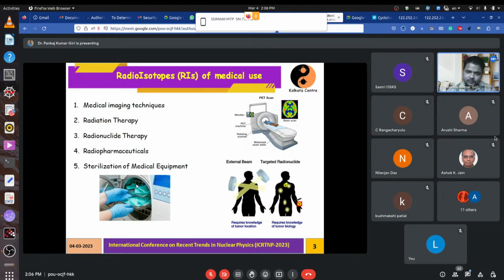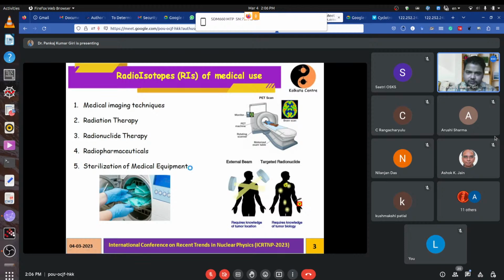And for sterilization, before an operation or any kind of medical use, different kinds of equipment can also be sterilized using radiation. So these are some of the applications of radioisotopes in medicine.